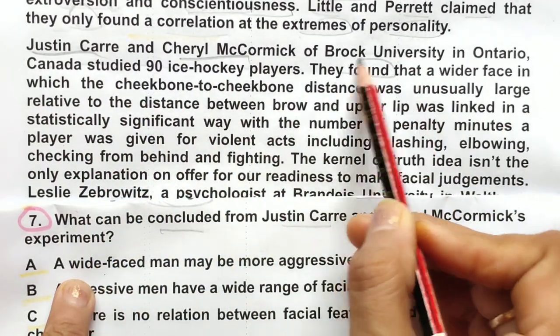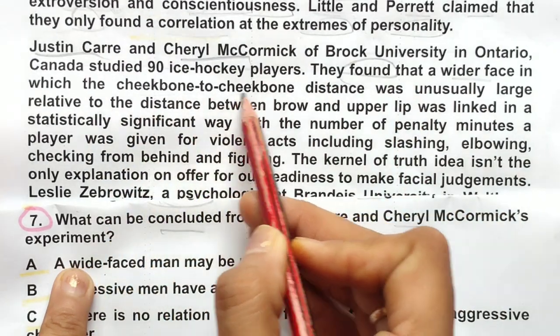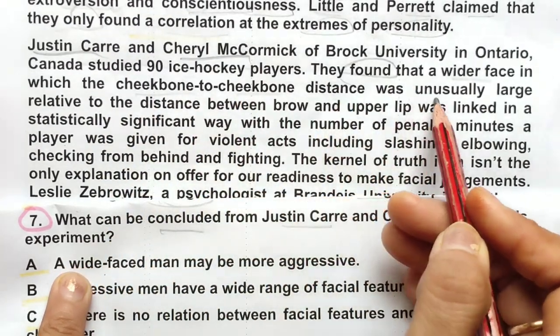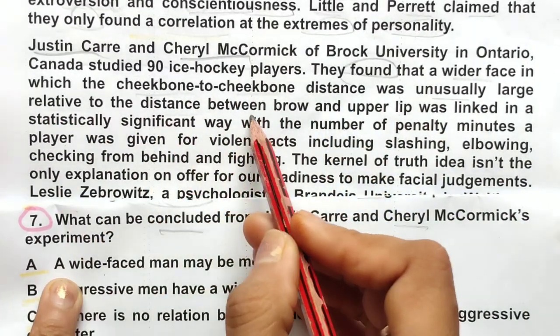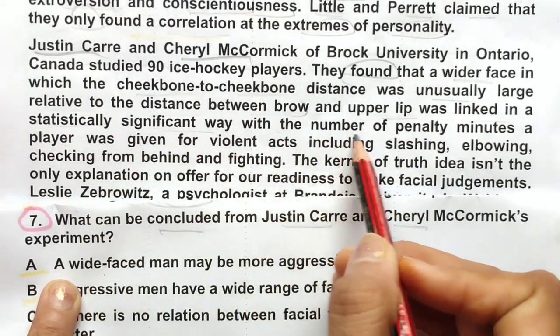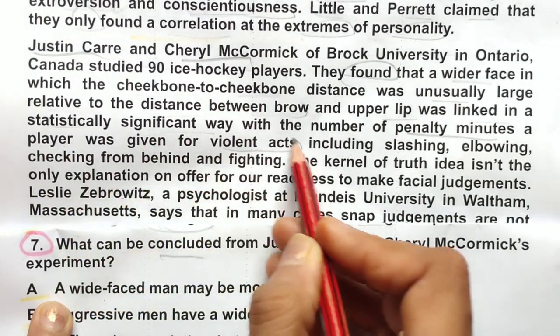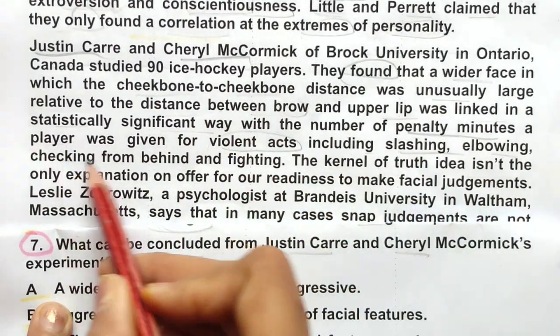They found in their experiment that a wider face, in which cheekbone distance was unusually large relative to the distance between brow and upper lip, was linked in a statistically significant way with the number of penalty minutes a player was given for violent acts including slashing.